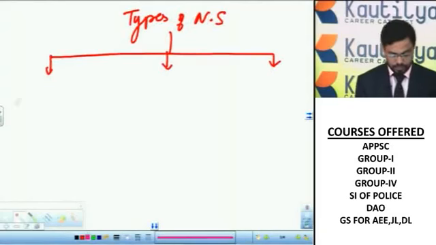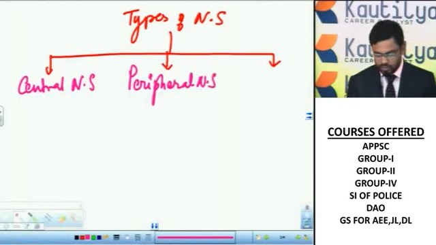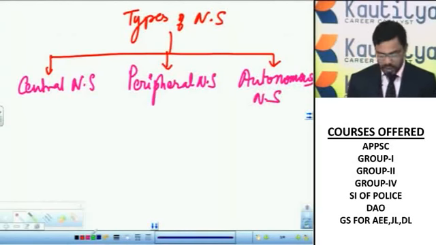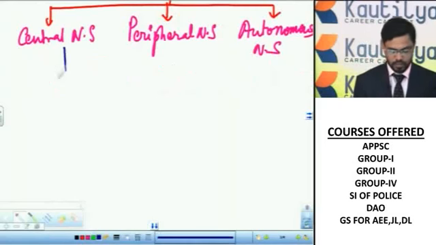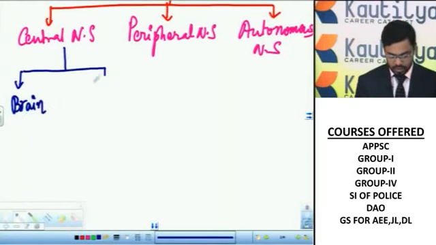They are the central nervous system, peripheral nervous system, and autonomous nervous system. The central nervous system contains the brain and the spinal cord.